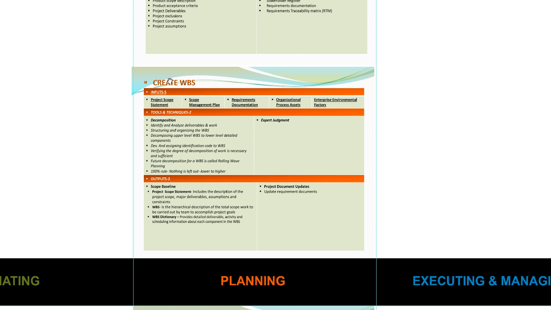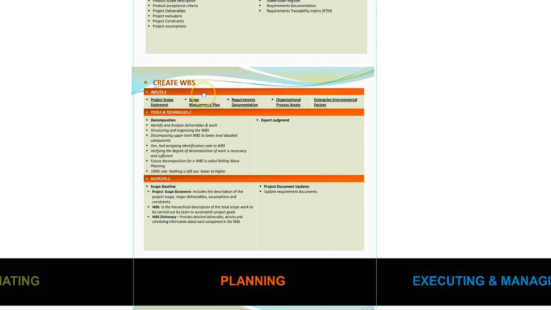How many counters are we going to have in the kitchen? How many sinks? What appliances are we going to use? What's the size of the kitchen? What's the shape of the kitchen? What type of lighting are we going to use? How big of a refrigerator are we going to use? So it keeps breaking down to the most minute, smallest part till we are sure that we are giving everything that the client really asks. Okay, so that goes in the create work breakdown structure.